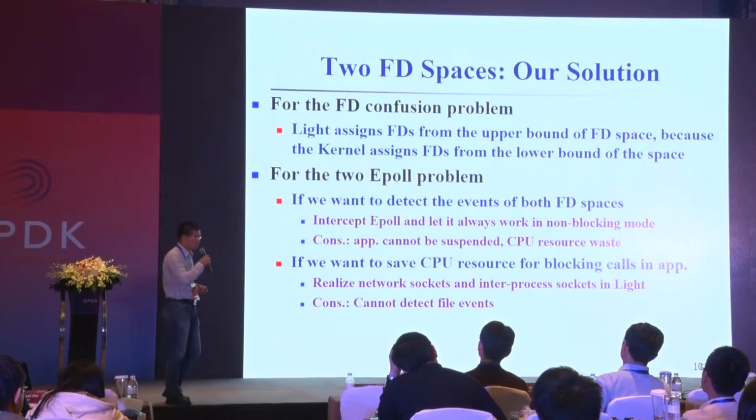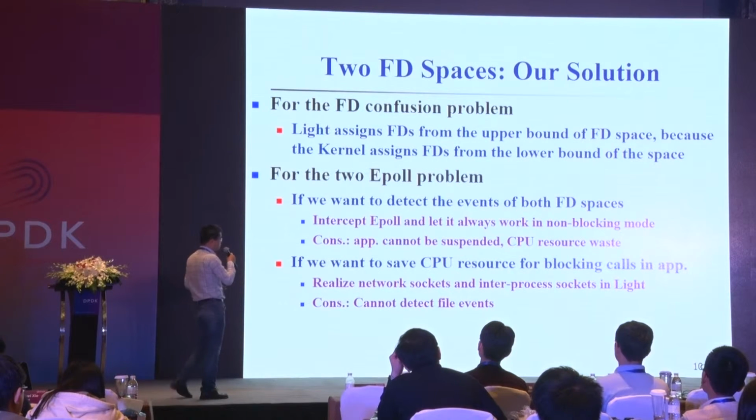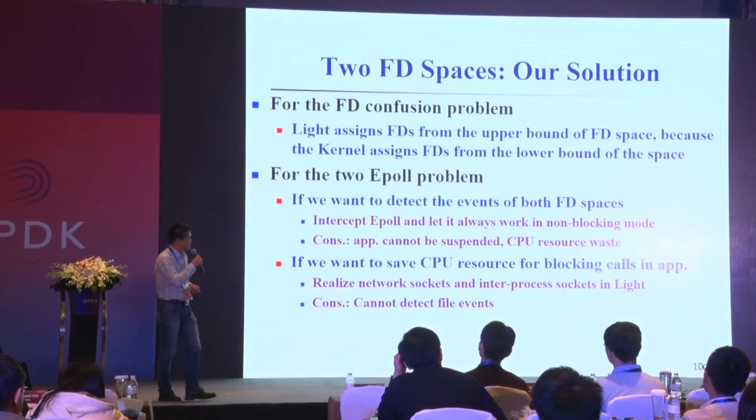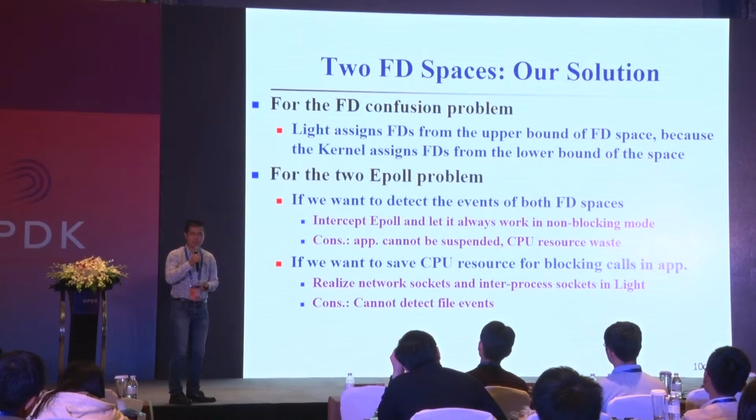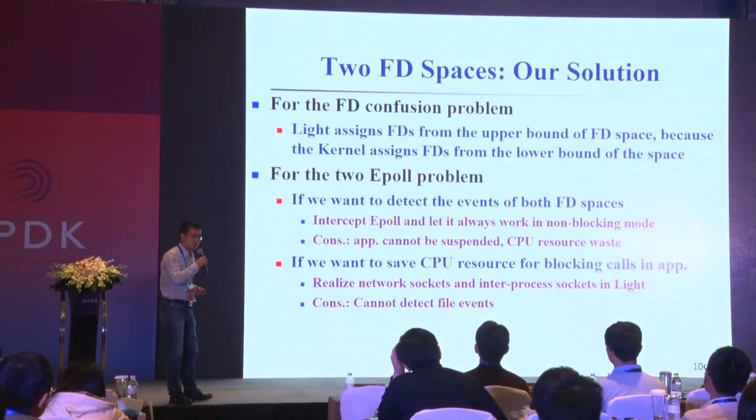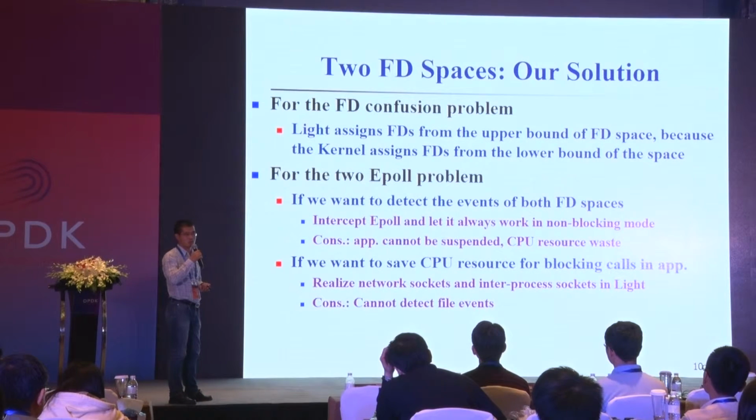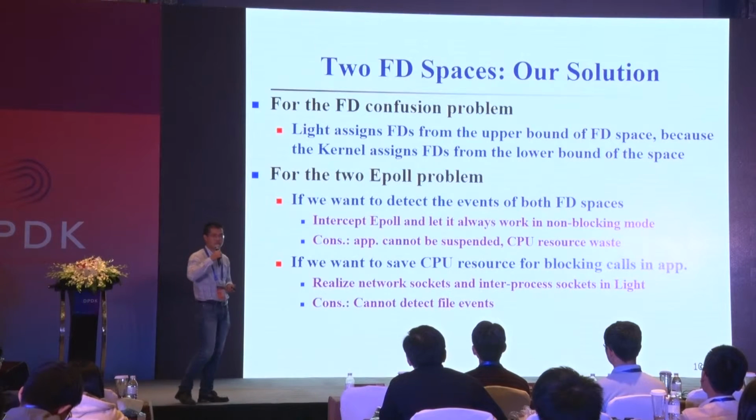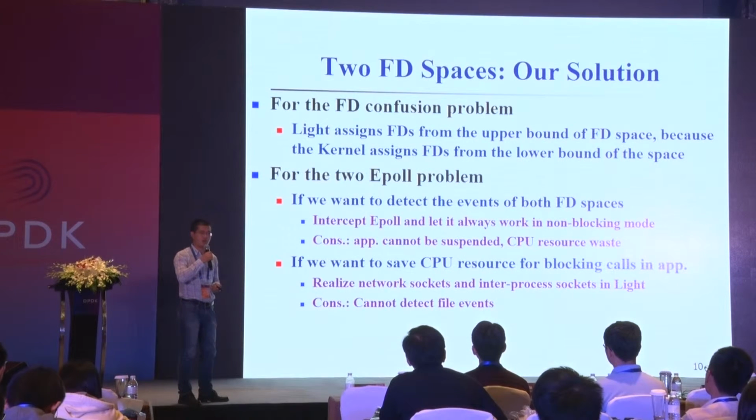And then for the epoll, we have two solutions, but they have their respective strengths and weaknesses. If we want to listen to the network socket events as well as file events, then we can switch to non-blocking mode. That is, there is the external network circulation, and if there's an event, they will return it to us, and then we can determine whether it's read and write for the socket or for the file.